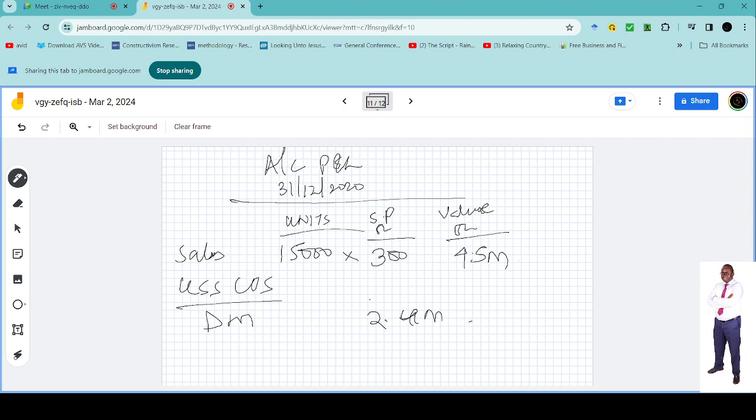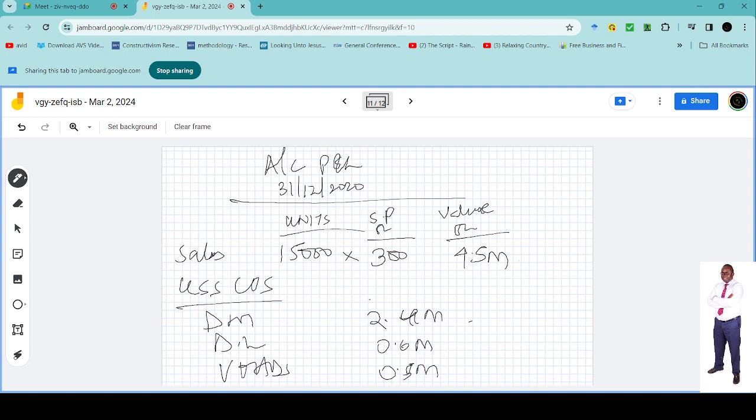We have direct labor, and our figure is 0.6 million. Then we have variable overheads. The figure for variable overheads is 0.5 million.